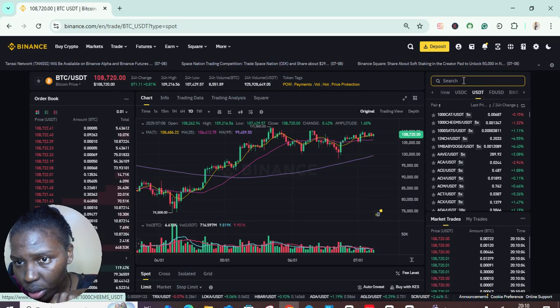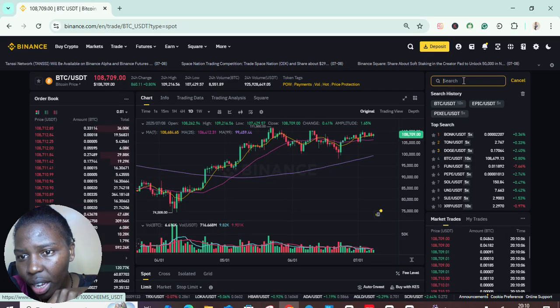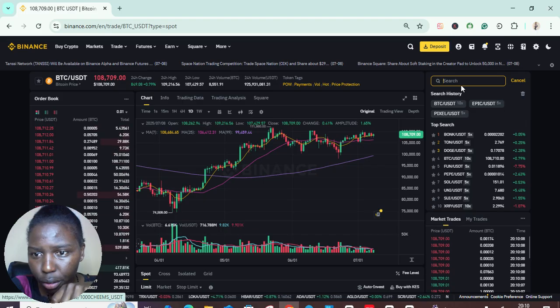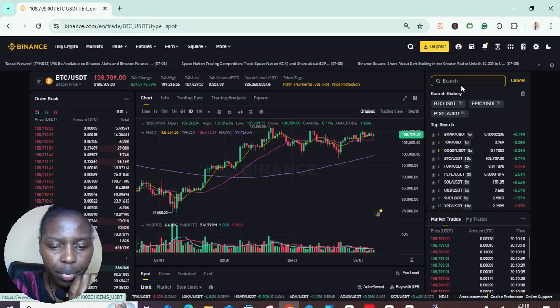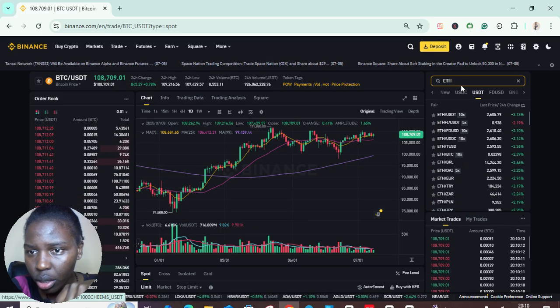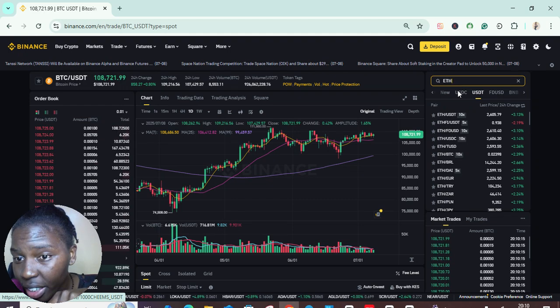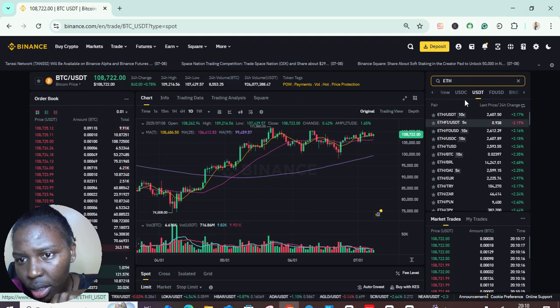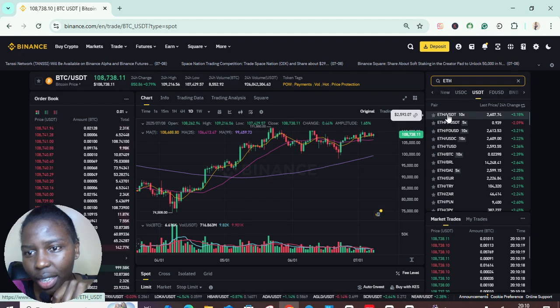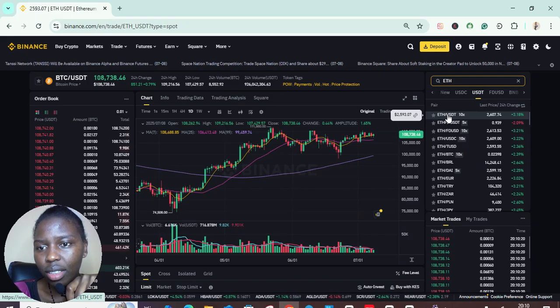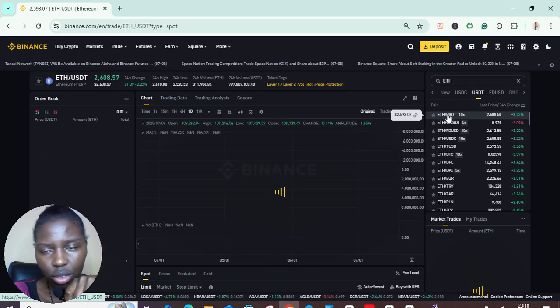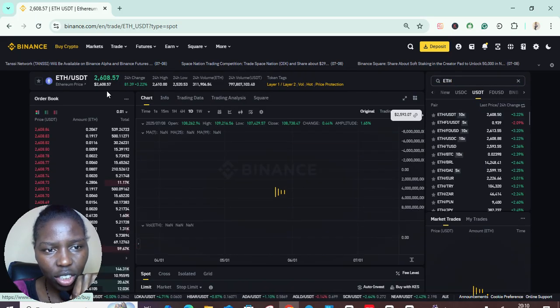If you want to search or change a pair, you can search here. If you want maybe to trade Ethereum, you just search ETH. Don't search the whole word. You see, I clicked on Ethereum and the chart is changing.